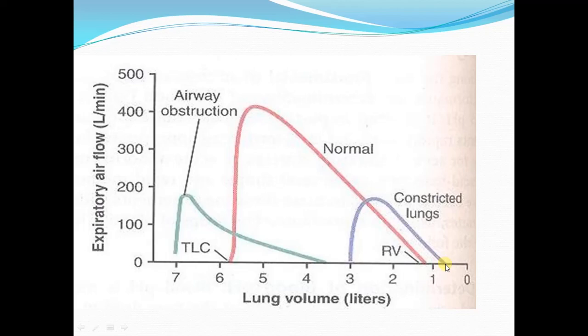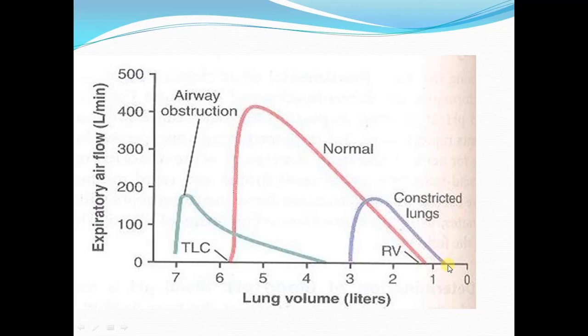One thing you should remember, that in patients of restrictive lung diseases, all lung volumes and capacities are decreased. There is a decrease in all the lung volumes and capacities in patients of restrictive lung diseases.